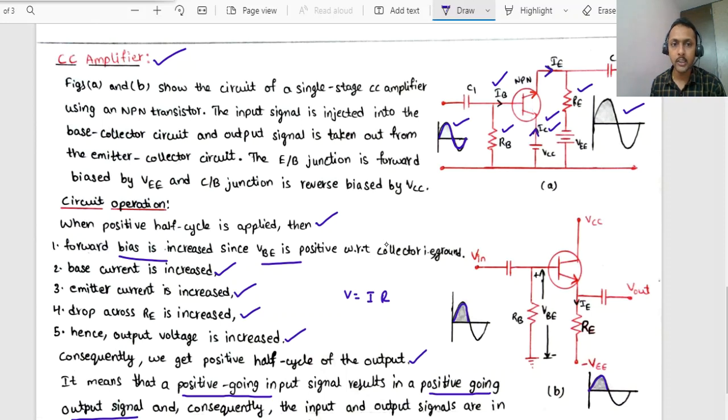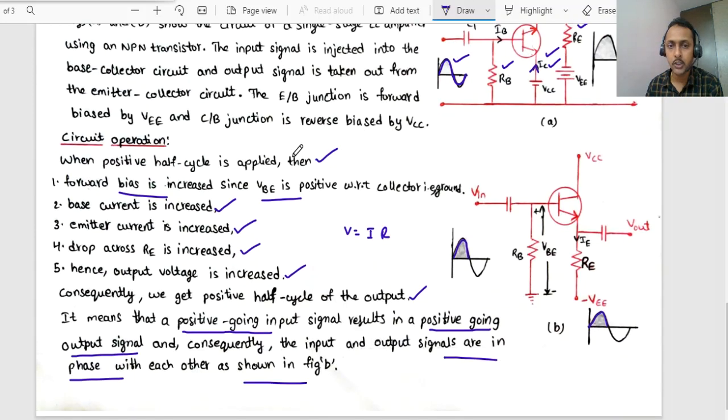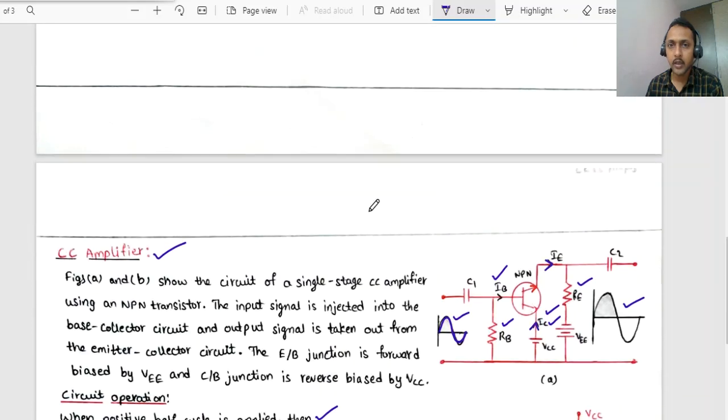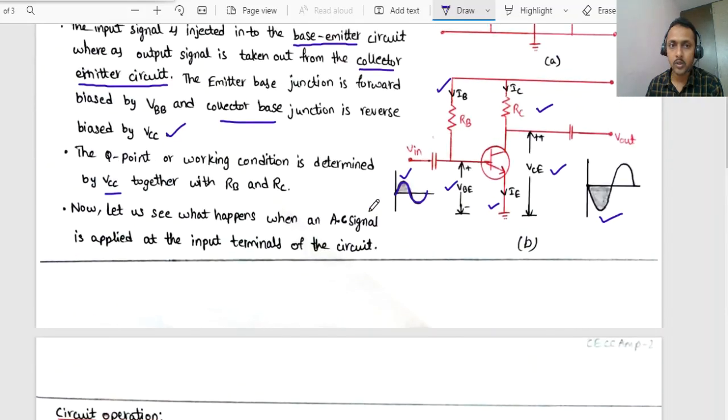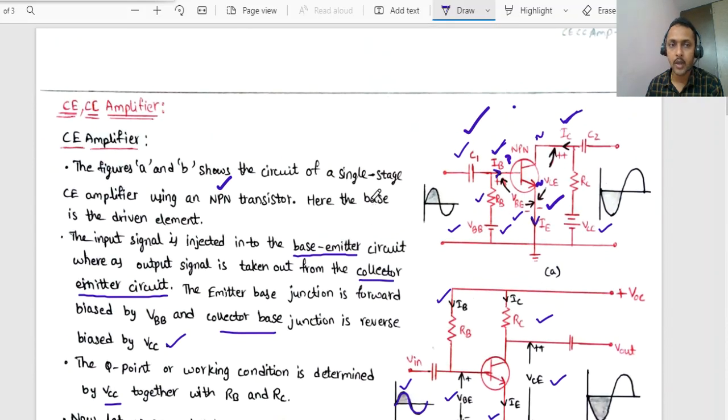So these are the points to be highlighted while attempting this question in an exam. The circuit diagram, waveforms, variable names, if you highlight these points, easily you will get good marks. It is very easy to pass, right? So don't forget to highlight the key points. Dear students, this is what the common emitter and common collector amplifier is all about.